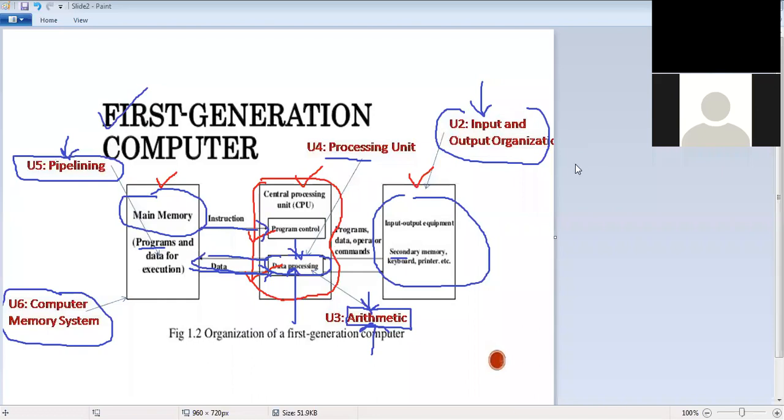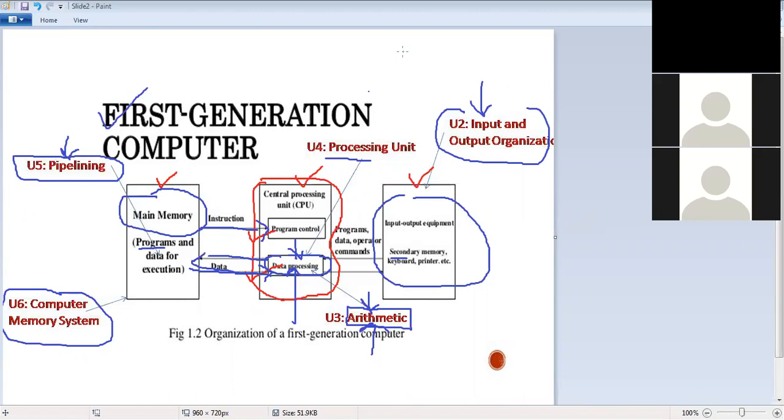I discussed a few points with you, have you understood? Yes. Okay, fine. Shall I move further? Yes. Okay, sir.